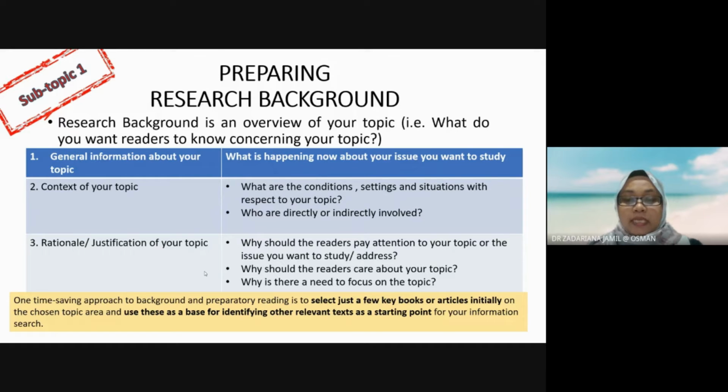From those key books or research papers, it will link to other related articles as well.